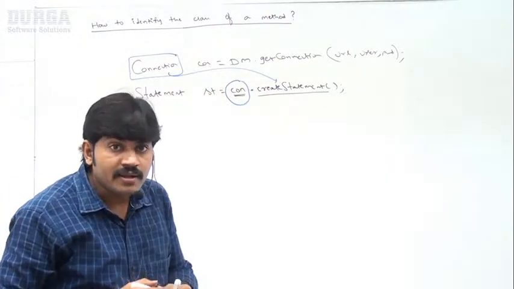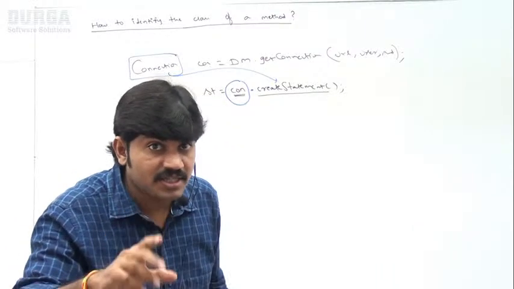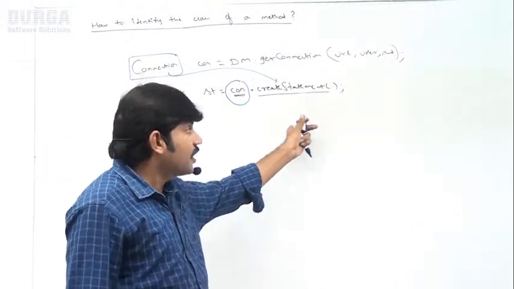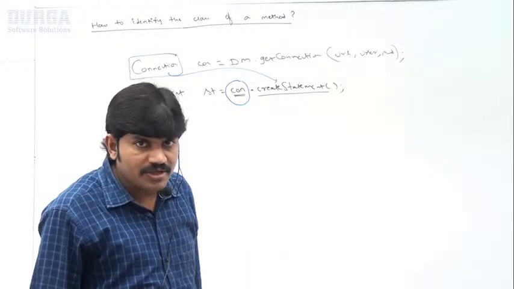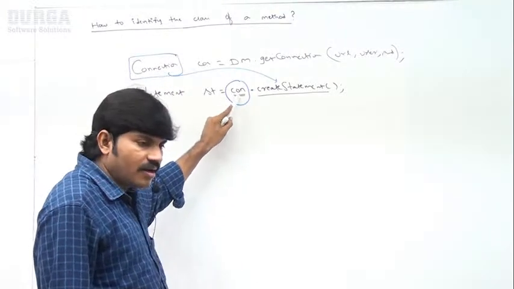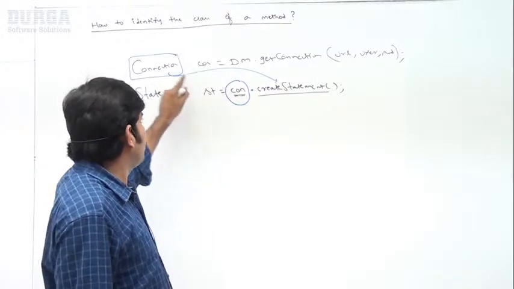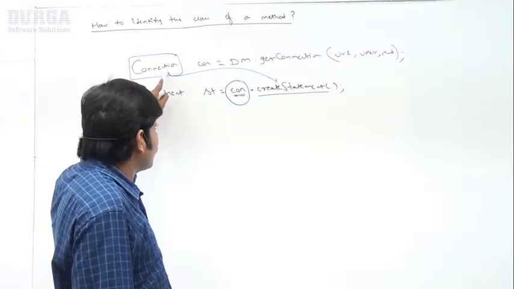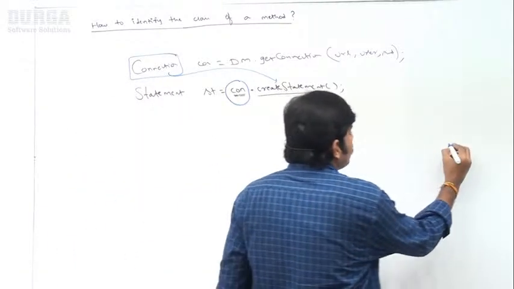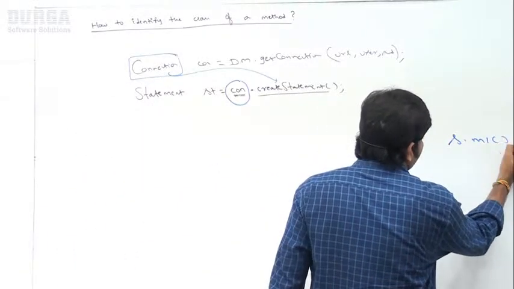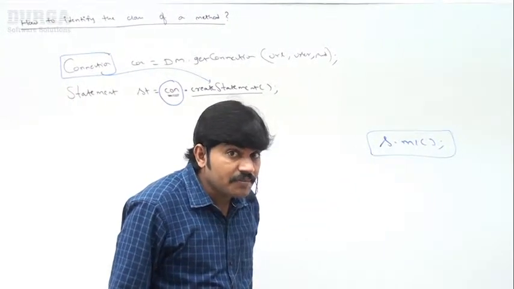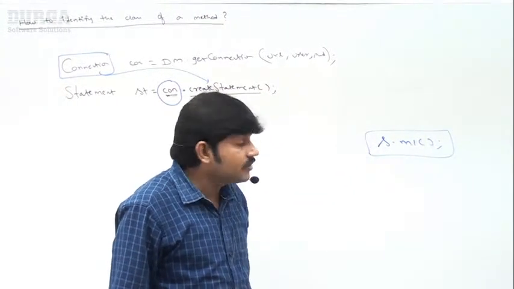If you open the Connection interface present inside the java.sql package, you can see the createStatement method. Are you able to get it, right? So if you call the createStatement method on con, what type is con? Connection type. That's why the Connection interface contains this method. Simple. Suppose I call the s.m1 method. Can you tell which m1 method is coming? What type is this s?